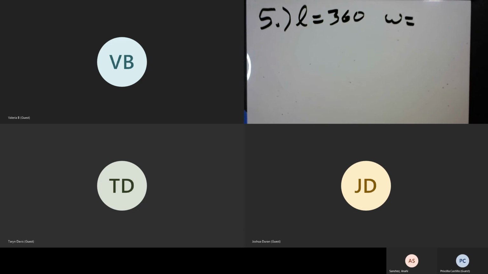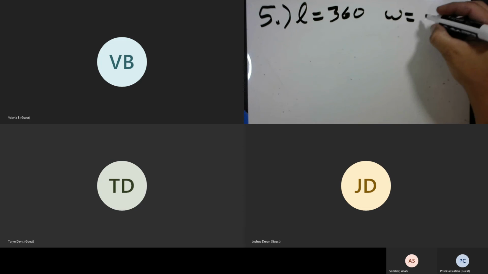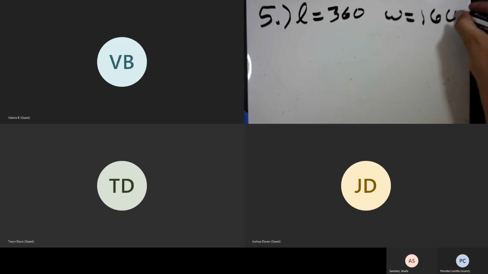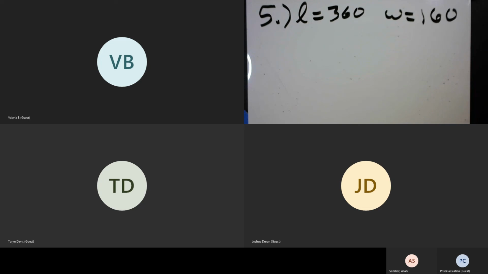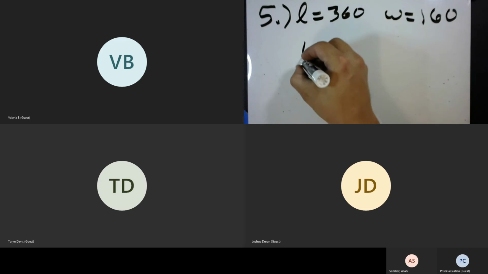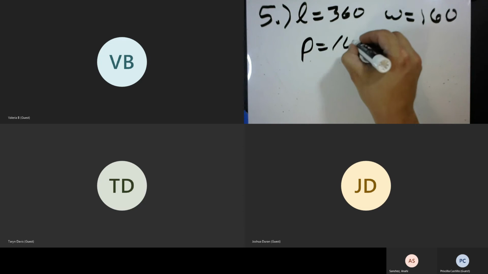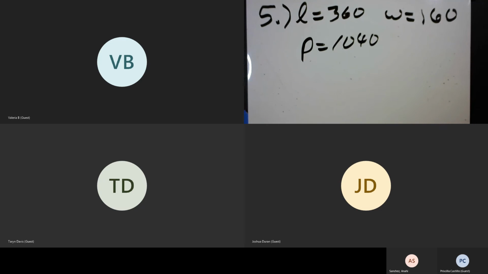The width was 160. And the perimeter was 1040. Now the perimeter is the length all the way around the rectangle. So we would expect that the length and the width would be smaller than the perimeter. So far this seems to make sense.